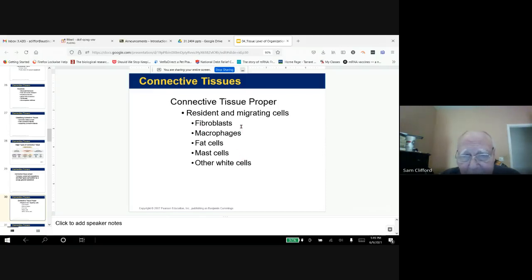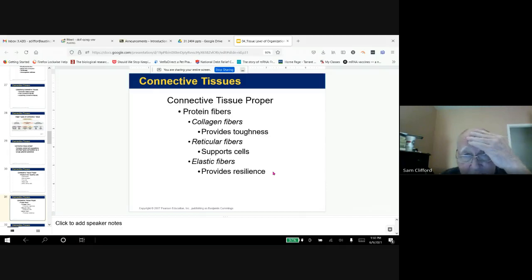Fibroblasts make new protein fibers, for instance, and new matrix. Macrophages patrol to attack any type of bacteria that gets in, but also to remove dead cells. Mast cells are also involved in the immune response. Okay, so we have collagen fibers, reticular fibers, and elastic fibers.